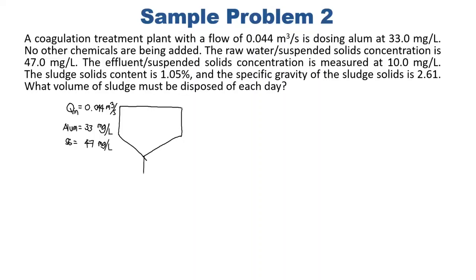So at the bottom is the sludge flow or the volumetric flow for the sludge, and for the volumetric flow out, we have the suspended solids of 10 milligrams per liter. So the first thing we are going to do is to conduct a component material balance for the suspended solids.